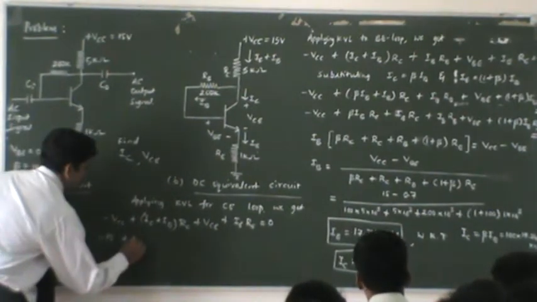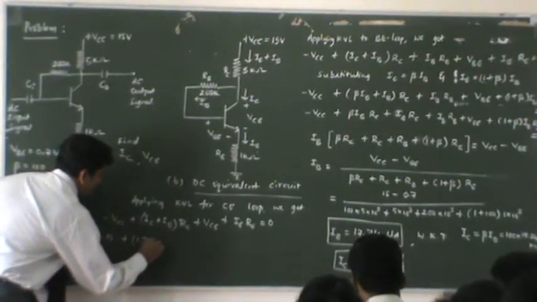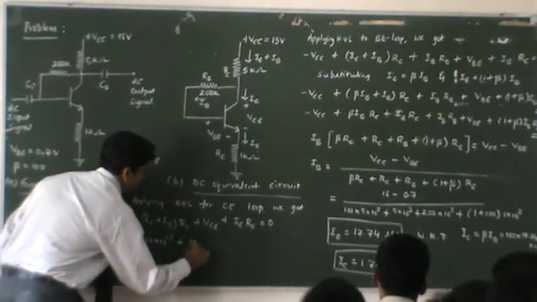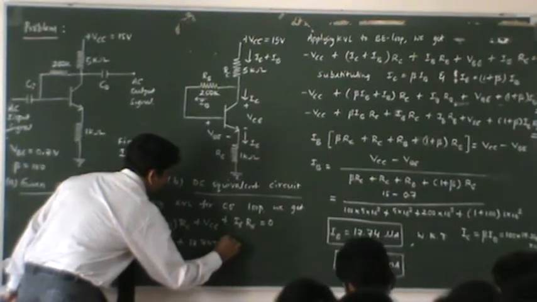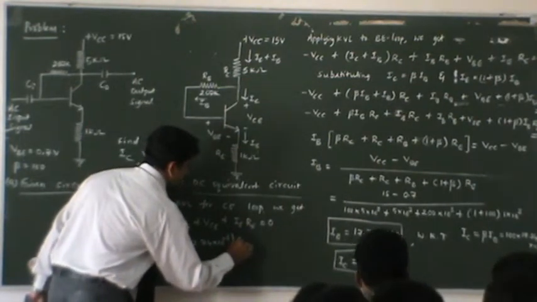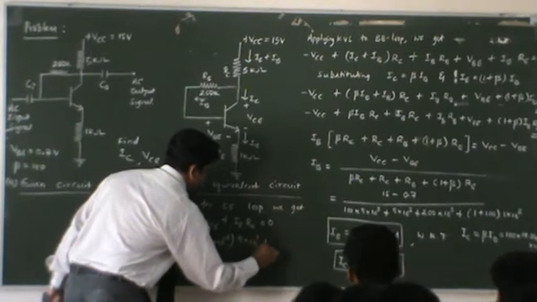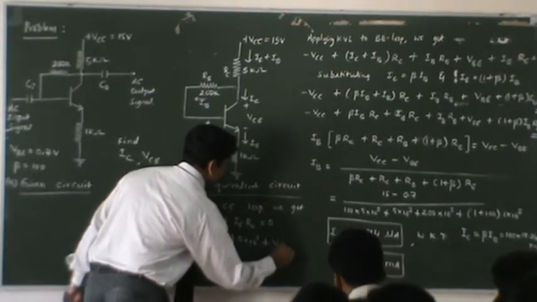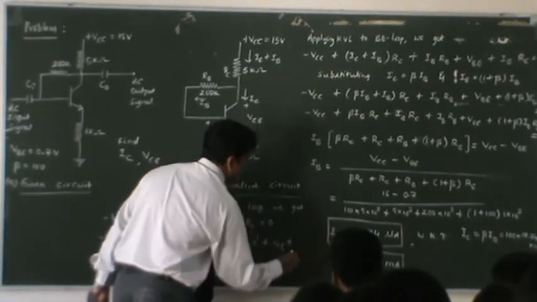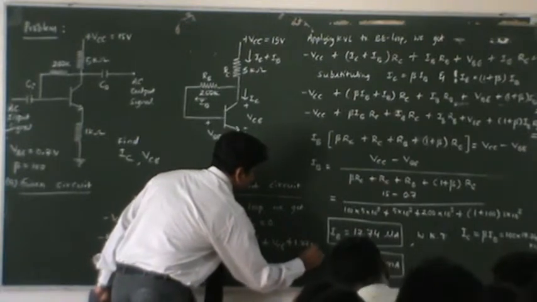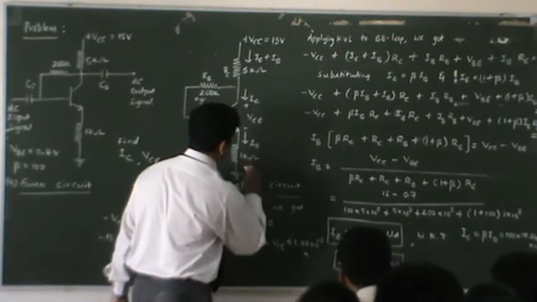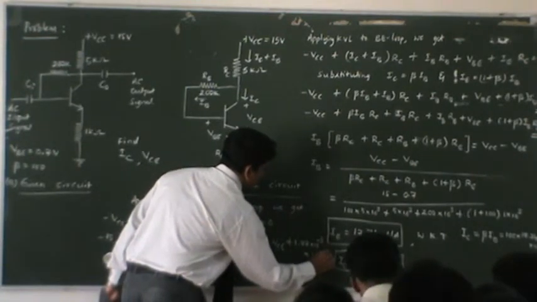IC is 1.77 milliampere plus 17.74 microampere into RC, which is 5 kilo ohm, plus VCE, I will keep it as it is, plus in place of IE, I am using IC, which is 1.77 into 10 power minus 3 times RE, which is 1 kilo, 1 into 10 power 3.